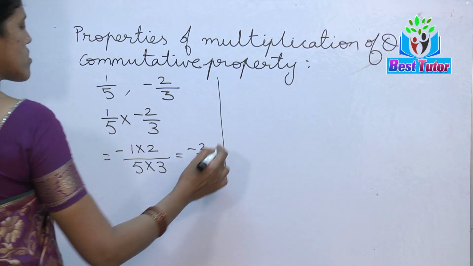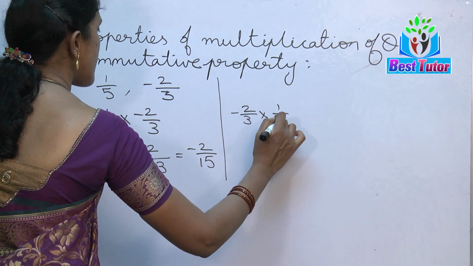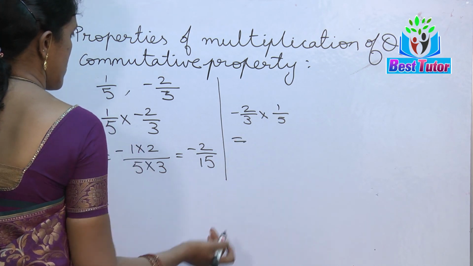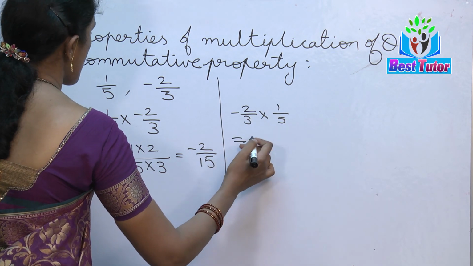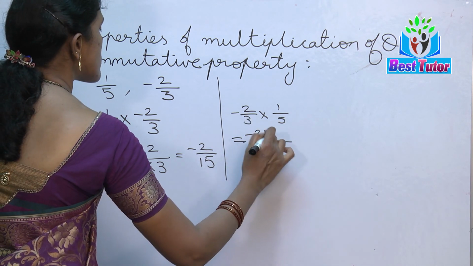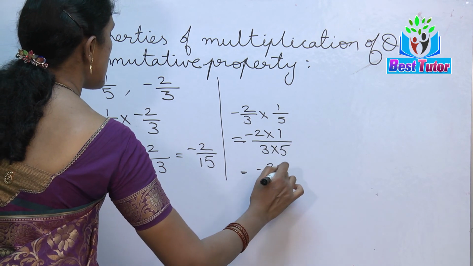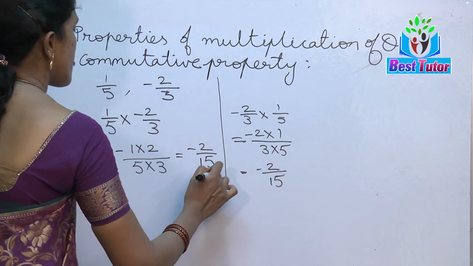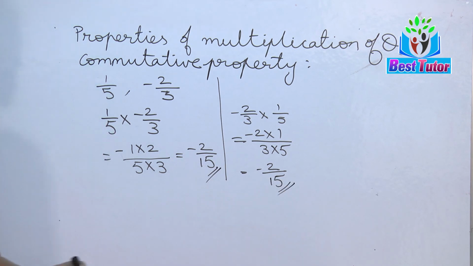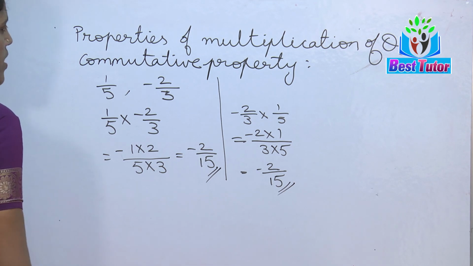What if I change their order? That means minus 2 by 3 into 1 by 5. Do I get the same result? First step, there are no common factors. Second step, plus into minus is minus. Third step, 2 into 1 by 3 into 5. The answer is minus 2 by 15. If we observe, the answer remains the same. Whichever order you multiply those two rational numbers in, the answer remains the same.